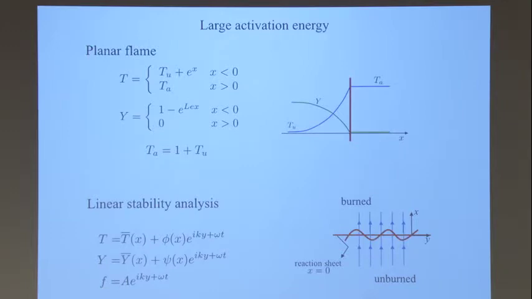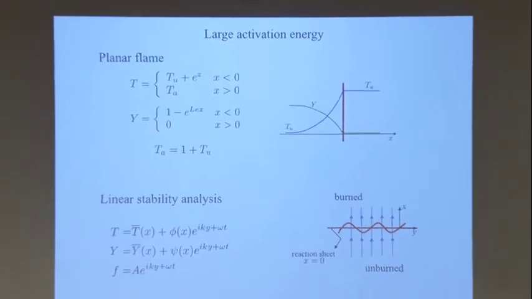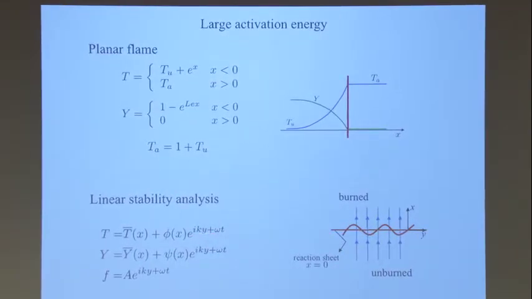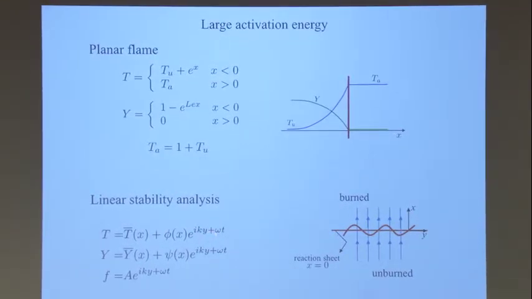We learned about this before, so that's what we are perturbing. And here is the basic state, perturbed. So now I just call phi and psi the perturbations, okay? And again, I am assuming a normal mode, e to the i k y plus omega t. And you see here I have drawn the streamlines to show what I just said on the blackboard, that they are assumed not to be affected by the combustion.